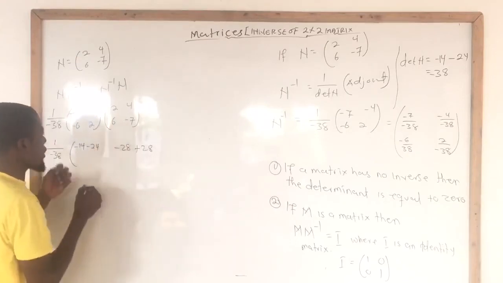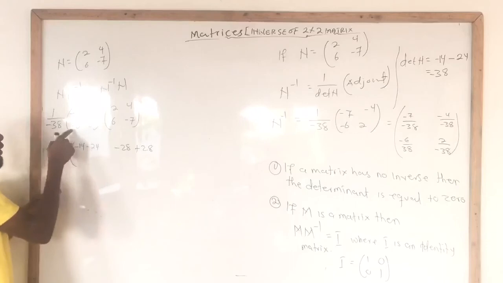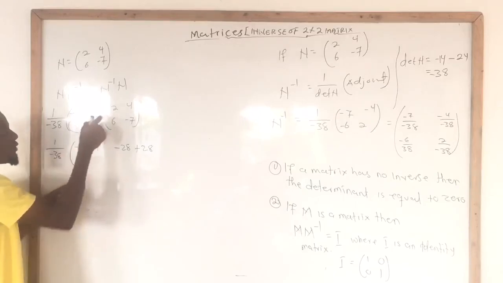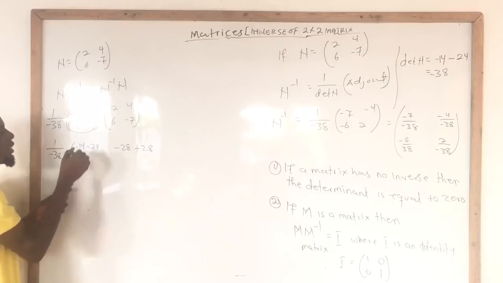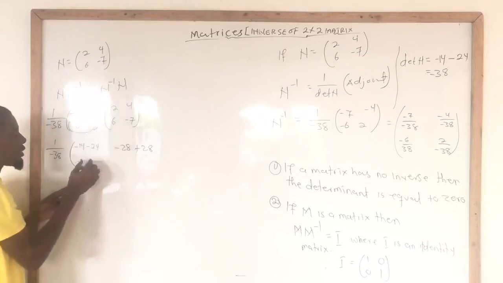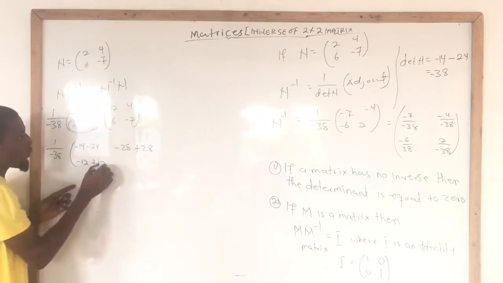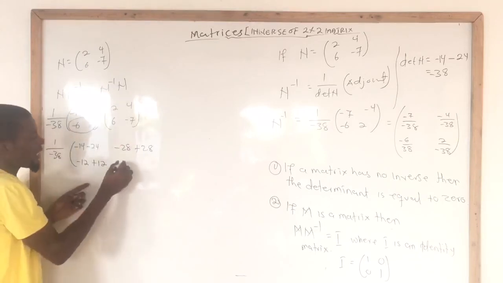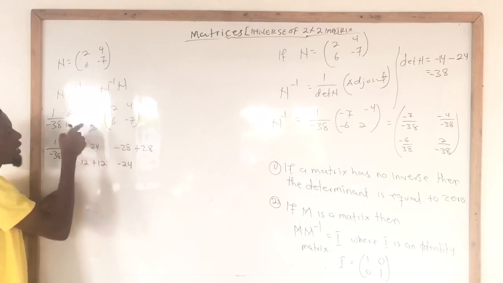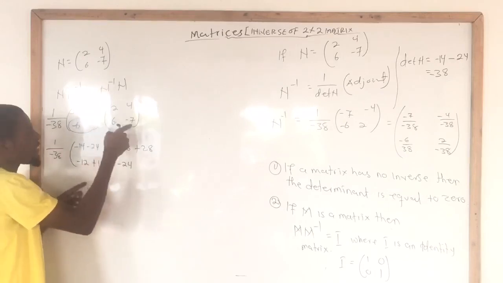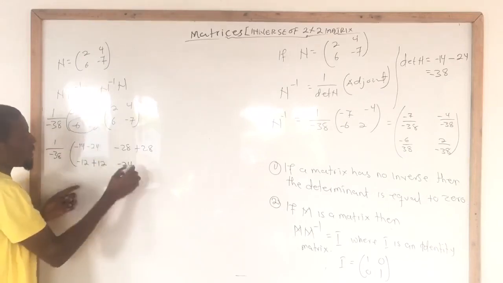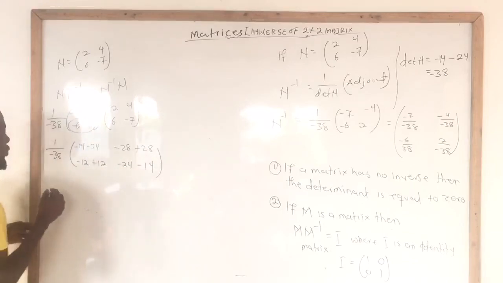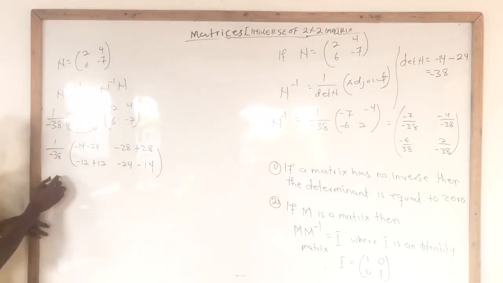Is that also? All right, and then let's go. Now we take this one. -6 times 2 is going to give me -12. And then 2 times 6 is going to give me 12. Is that also? And then -6 times 4 is going to give me -24. And then 2 times -7 is going to give me -14, right?